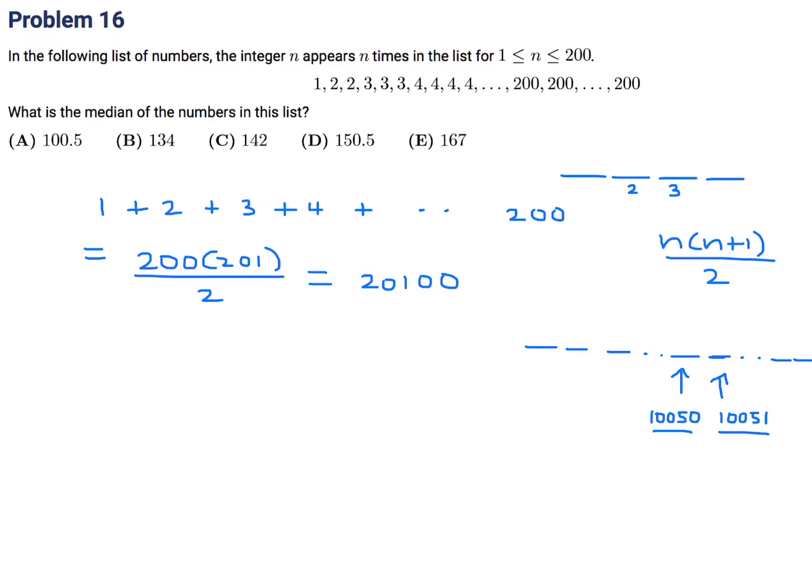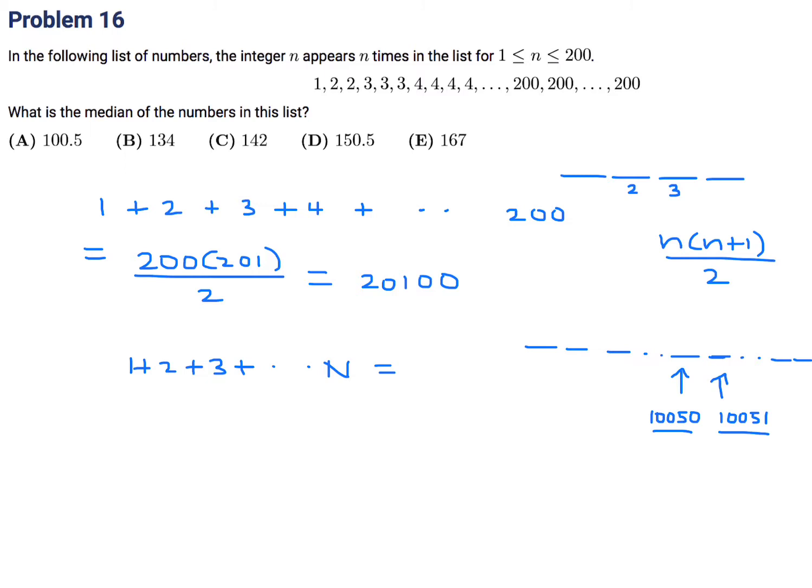Well, we have to figure out what number comes here and what number comes here. Well, I don't really know that, but I know that I can try to get close to that number. So 1 plus 2 plus 3 plus all the way up to some number n will perhaps be close to that.